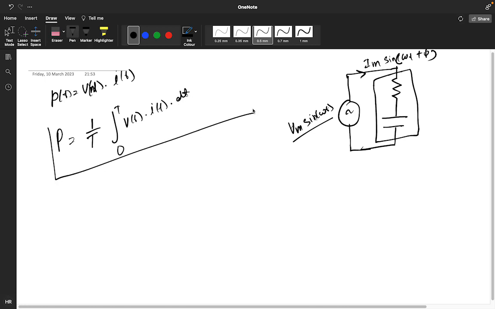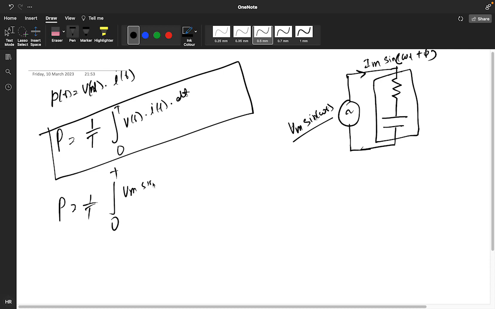This is the formula for average power. So 1 by T, 0 to T, Vm sine omega t into Im sine omega t plus phi.